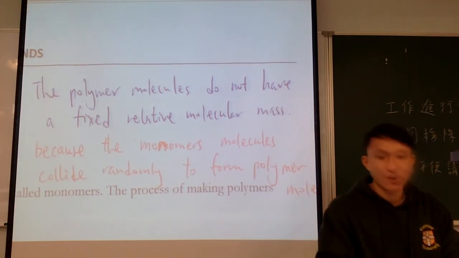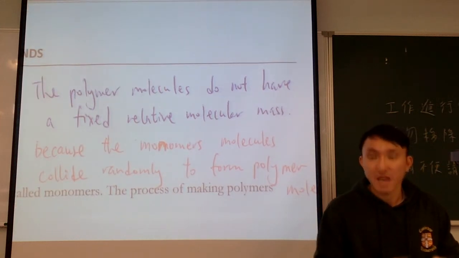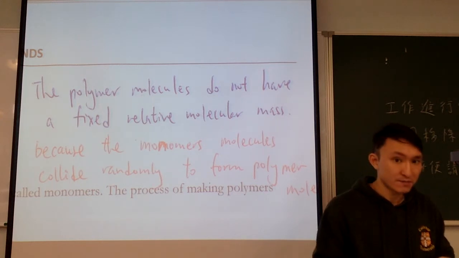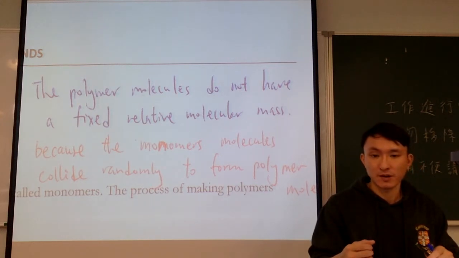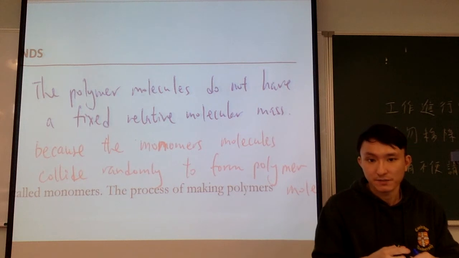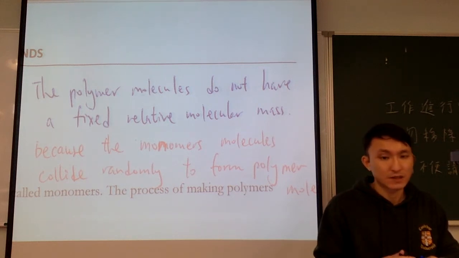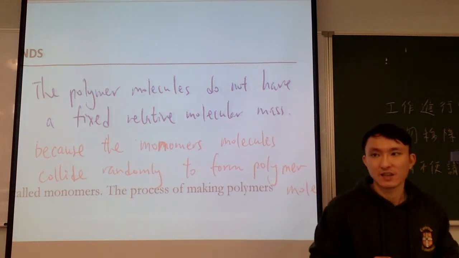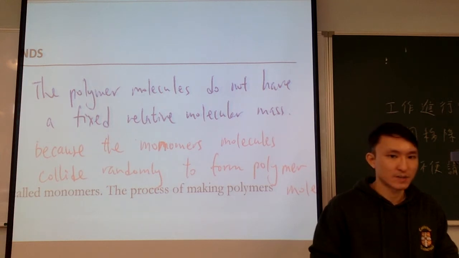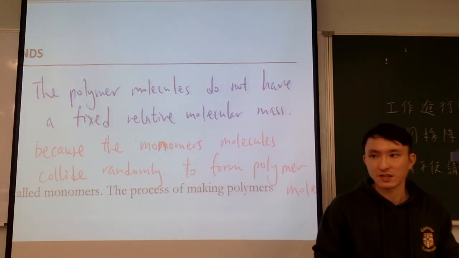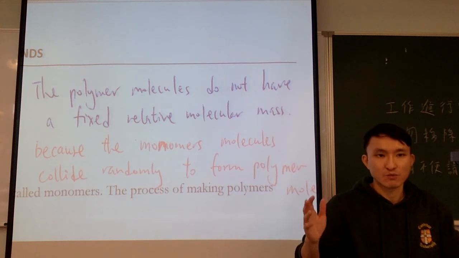So this is what I want to add, is that this reaction itself is actually quite random. The monomer molecules are randomly colliding with each other. Therefore, we don't expect to see a very fixed stoichiometric relationship, we don't expect to see all the polymers with the same chain length.